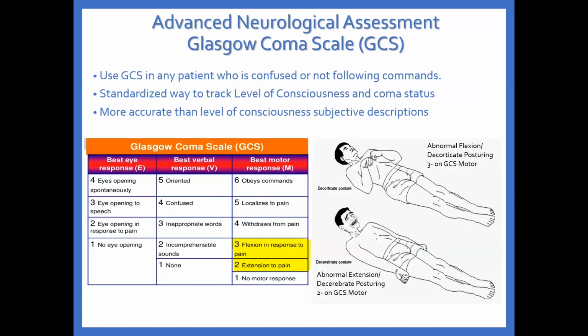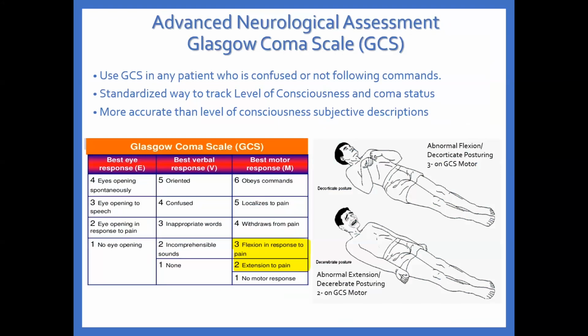So we are always looking for that. If you have to go to eye response or response to pain, then look at what they do to that pain stimulus. Hopefully we don't have to get too far to get them to do something, but you do have to go deeper and deeper and keep it central so that you can see whether they're actually moving for it. That's why we don't recommend the fingertip for pain.